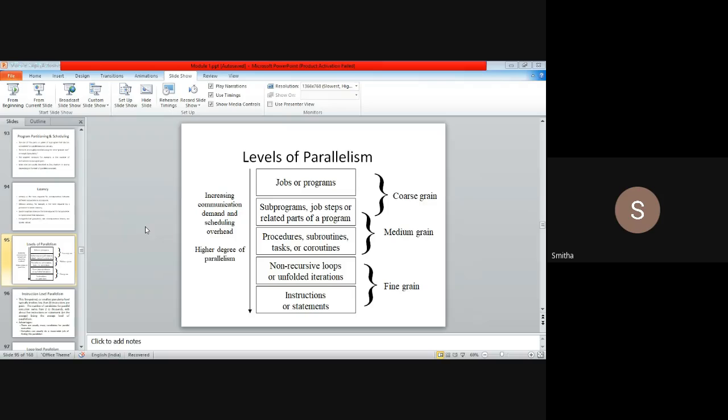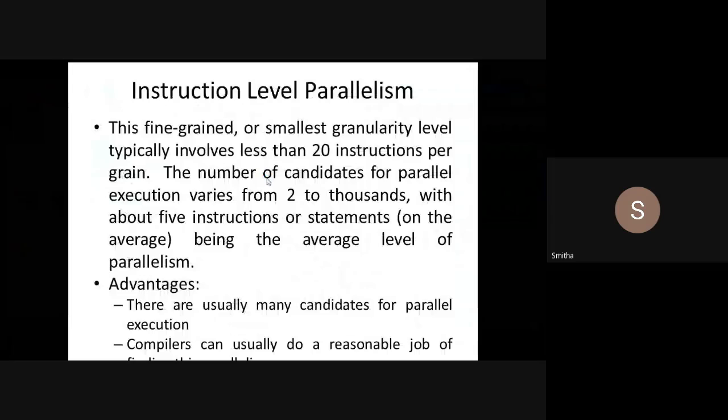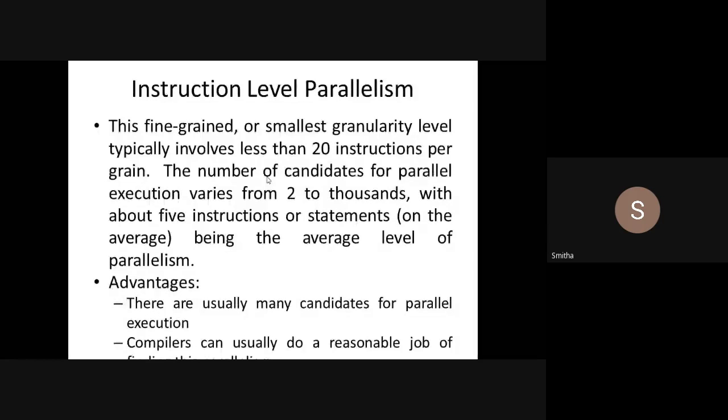Now we will see each level one by one. First we will see instruction level parallelism. For each level we are going to see the number of instructions we can include, and what the advantages are. In instruction level parallelism, as it is fine grained, we can have only less than 20 instructions in each grain.